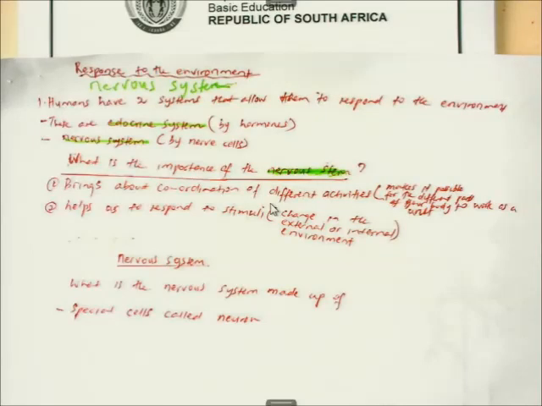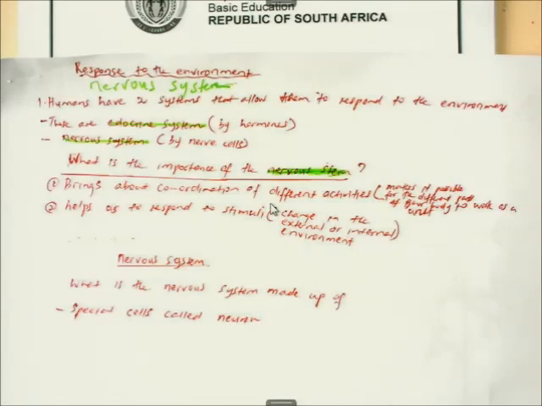The other importance of the nervous system is that it helps us to respond to stimuli. A stimulus is a change in the external or internal environment which can make your body react. Let me try again to make an example. Say you are driving towards a robot.